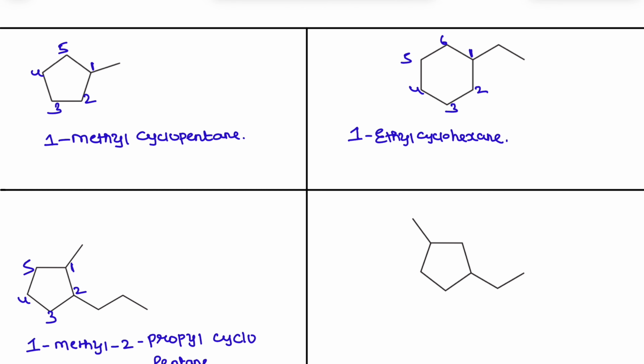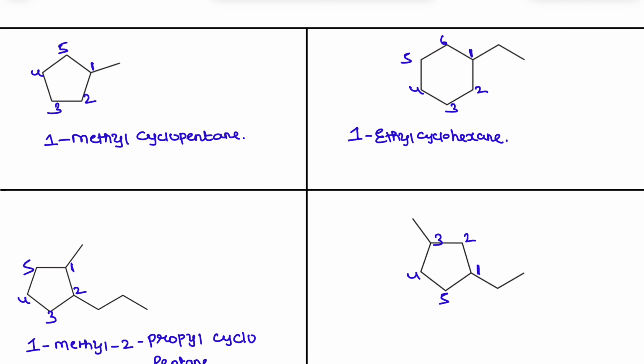Now if you start numbering from this side 1 2 3, again if you start from this side 1 2 3, least locant rule is unable to decide. In that situation, we are going to consider alphabetical order. Ethyl spelling begins with E, methyl spelling begins with M, therefore 1 2 3 4 5. I'm not considering alphabetical order directly.